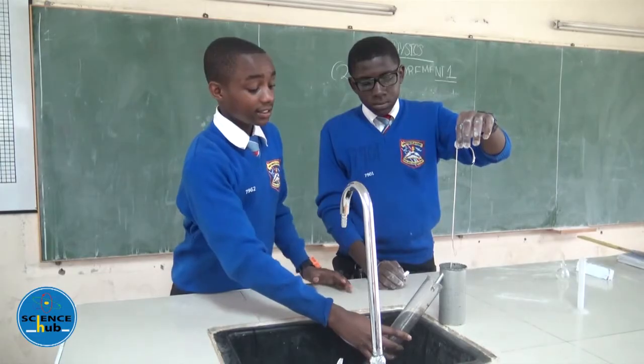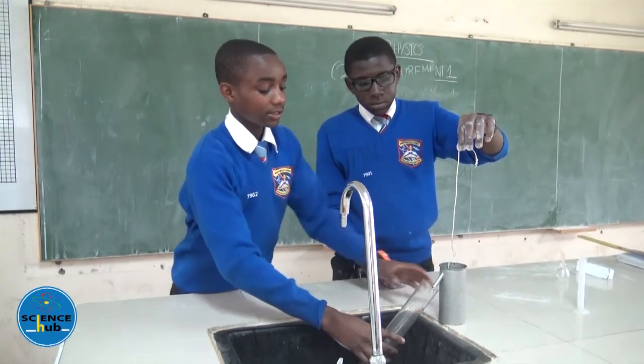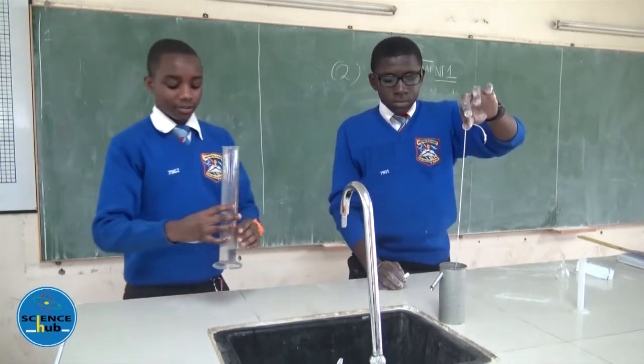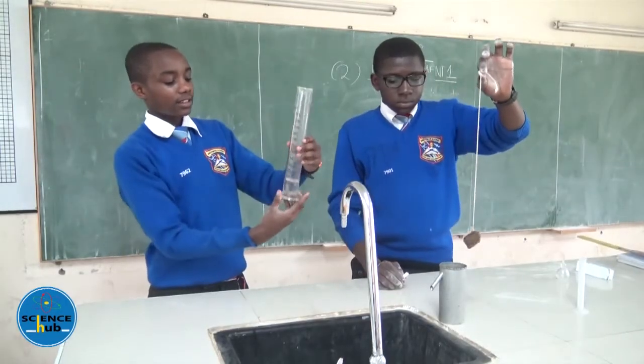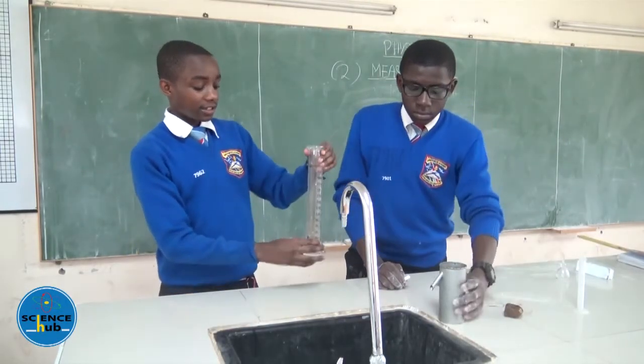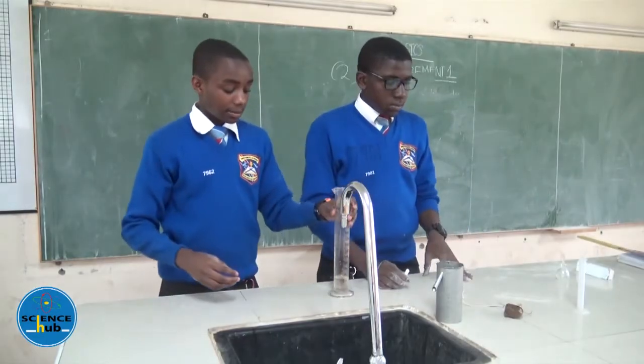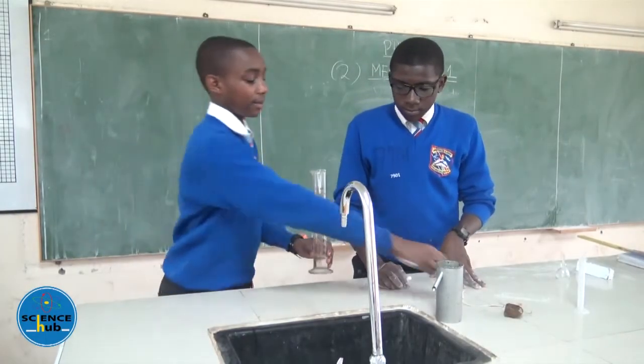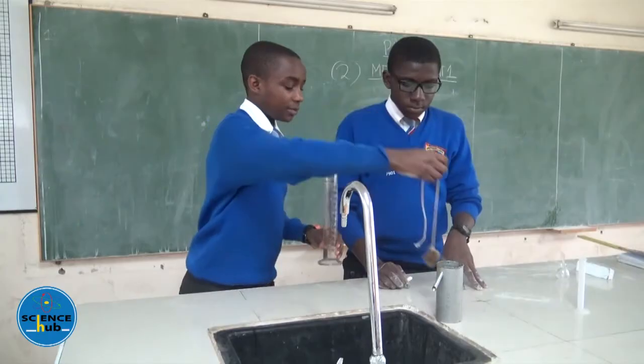Once water has ceased coming out through the spout, you can conclude that the water displaced into the measuring cylinder is the volume of the irregular object.